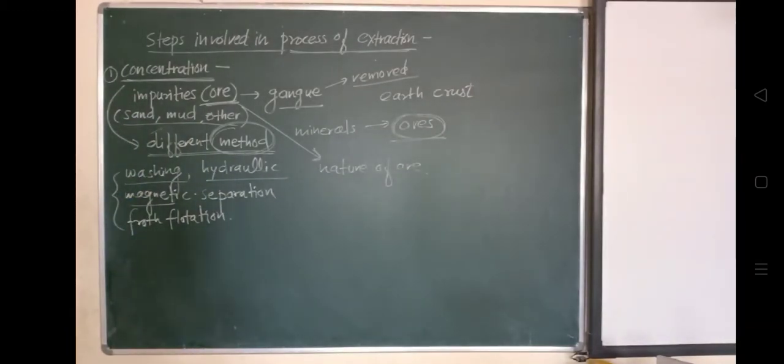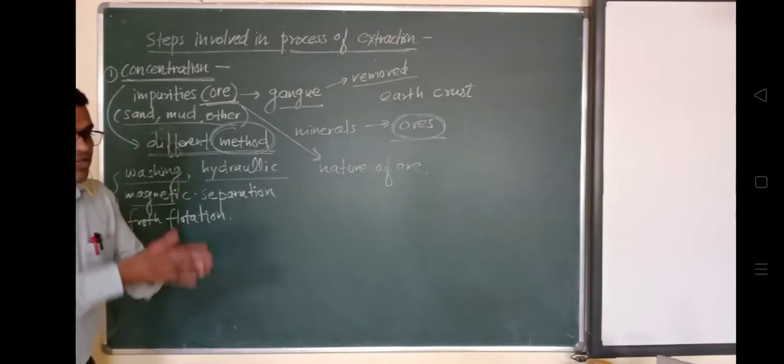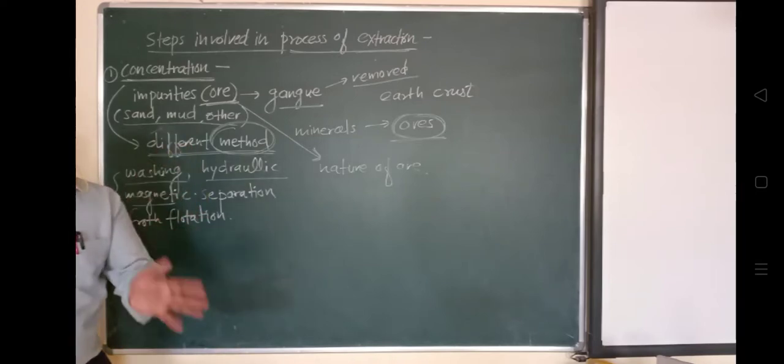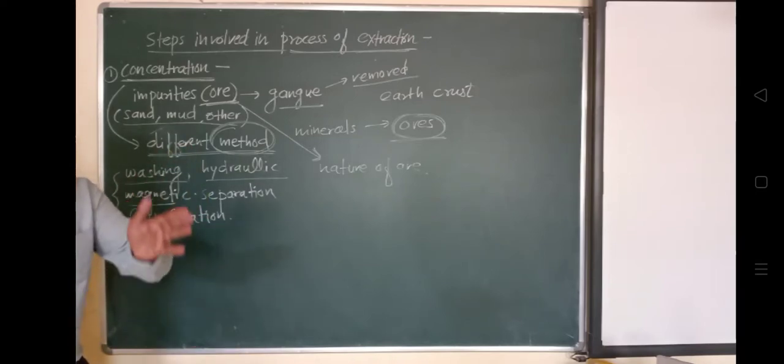So we cannot say directly washing, or hydraulic separation, or magnetic separation. That is decided by the nature of the ore. This is the very first step in concentration, after that there may be different steps applicable for different methods.